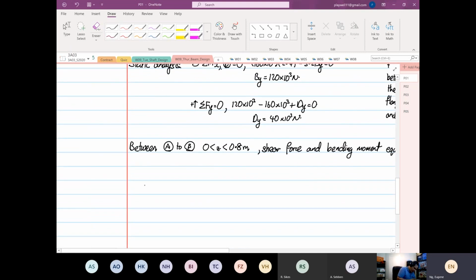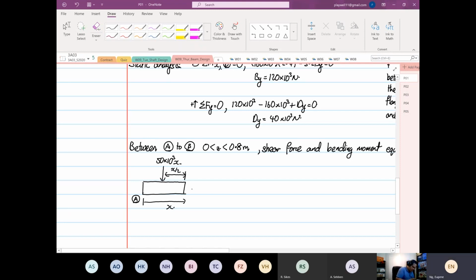Over here, this is your point A, and this is your variable X. Over here, you have a load coming down, so this is 50 times 10 to the power 3 times X. And this equivalent load, because it is evenly distributed, acts at X over 2.